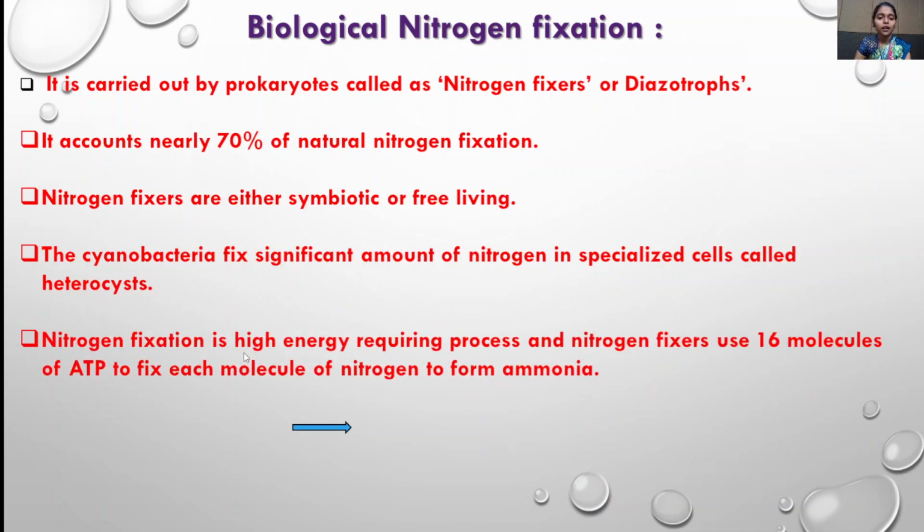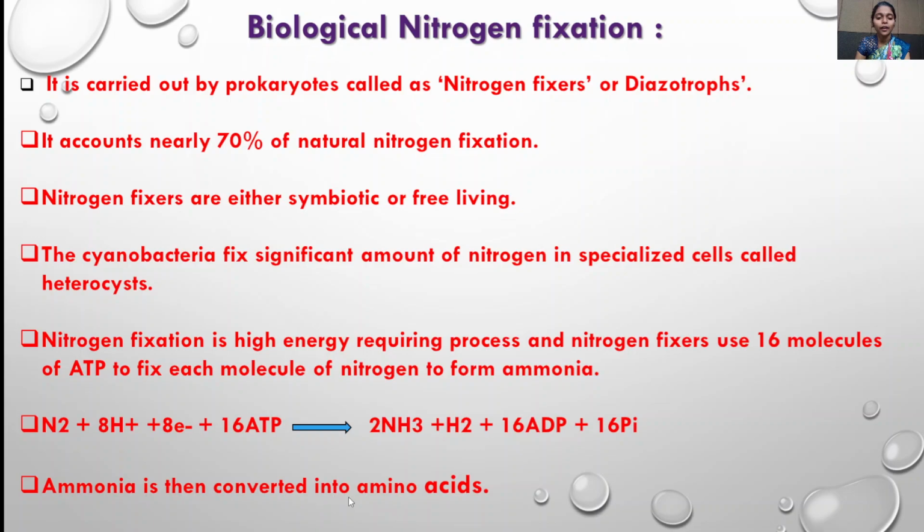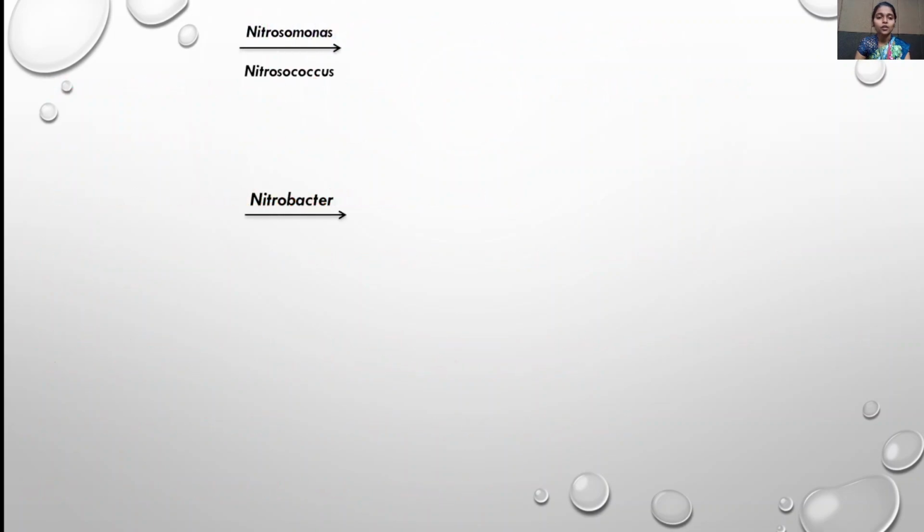Nitrogen fixation is a high energy requiring process, and nitrogen fixers use 16 molecules of ATP to fix each molecule of nitrogen to form ammonia. That is, N2 + 8H+ + 8e- + 16 ATP is converted into 2NH3 + H2 + 16 ADP + 16 Pi. Ammonia is converted into amino acids. Moves to the next slide.